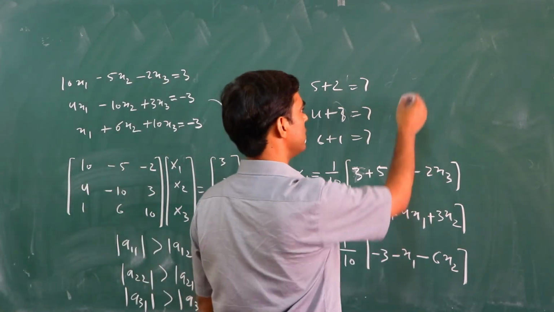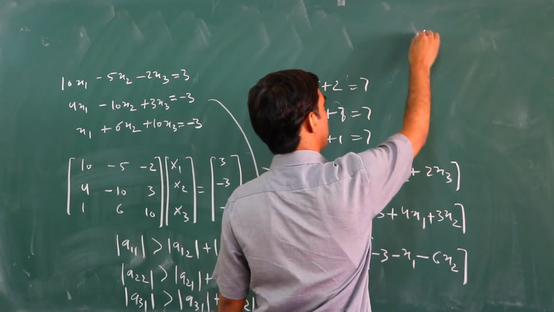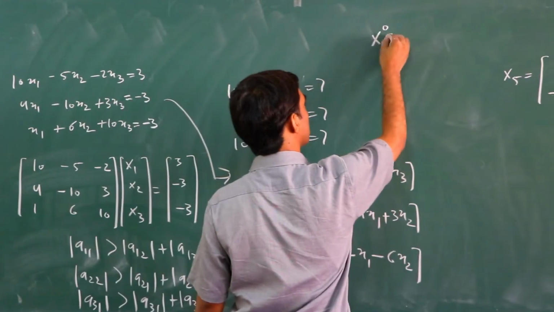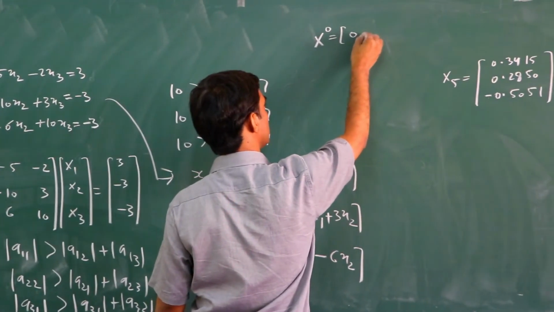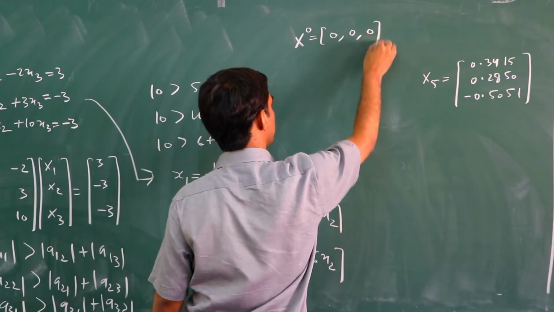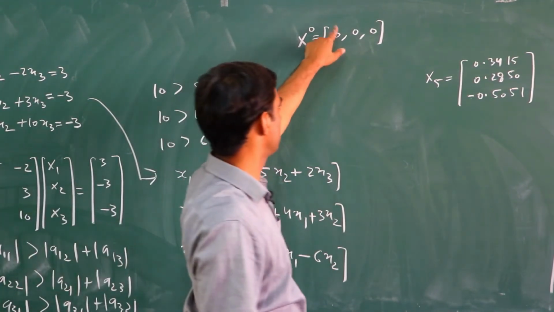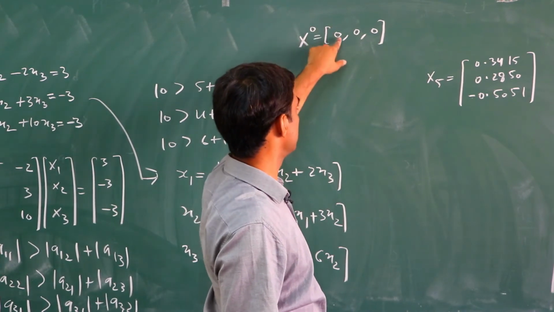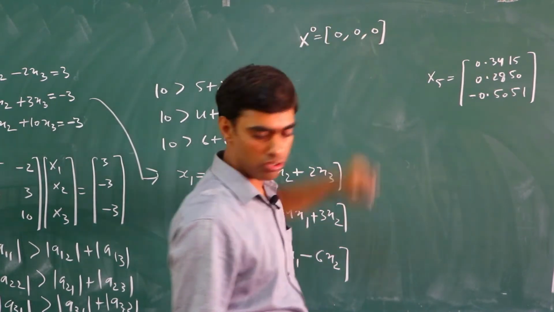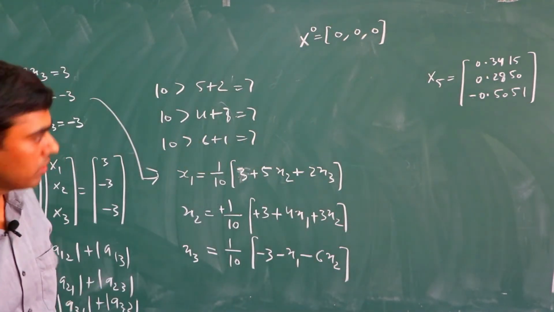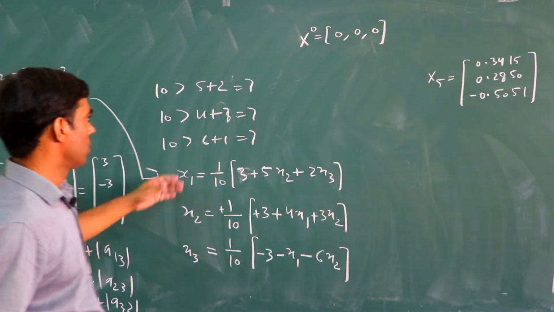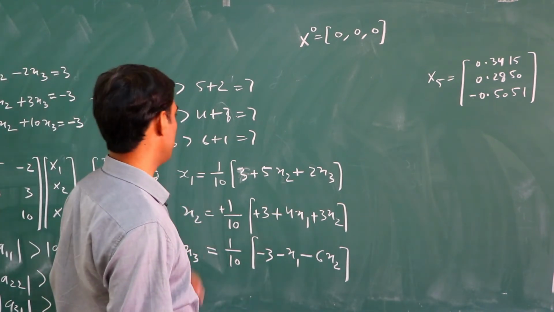So suppose we assume that x0 is the initial value 0, 0 and 0. What is the meaning of this? x1 0, x2 0 and x3 0 are all 0. Now, what is the value of x1 1?